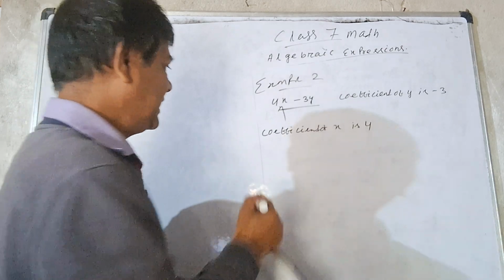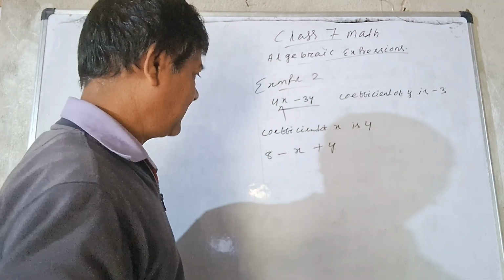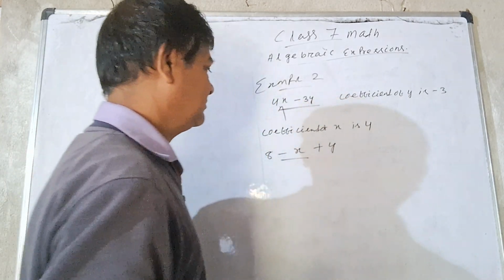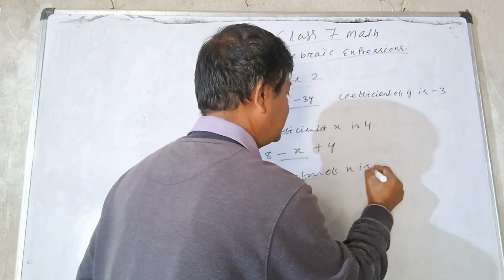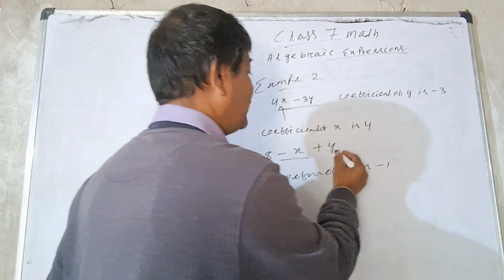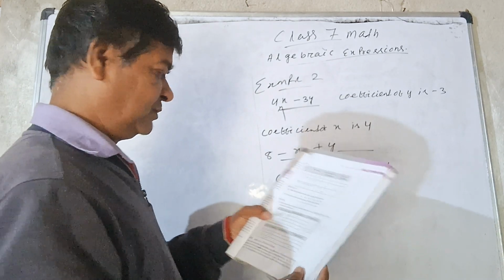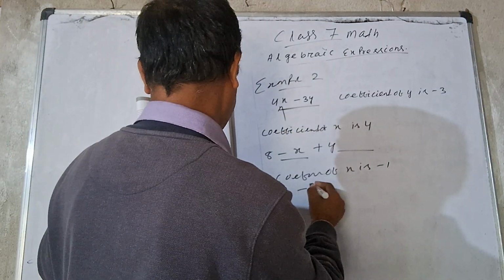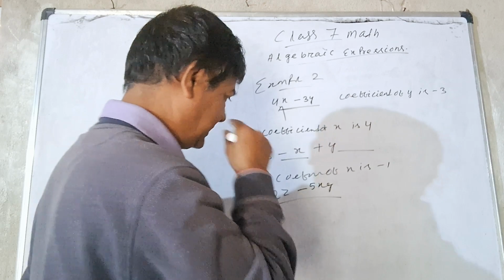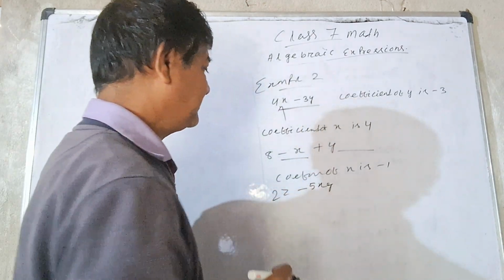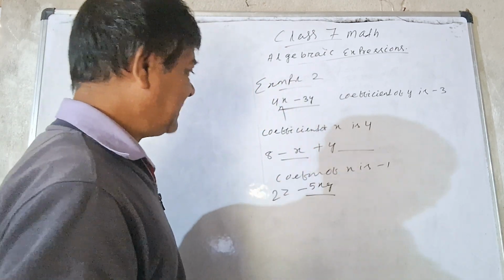Another expression, 8 minus x plus y. There are three terms. The x containing term is minus x, and here the coefficient of x is minus 1. The coefficient of y is 1. Another expression, 2 minus 5xy. There are two terms. The x containing term is minus 5xy.